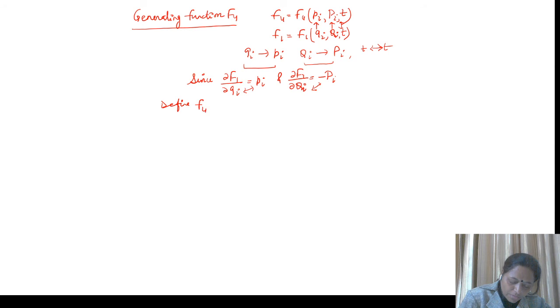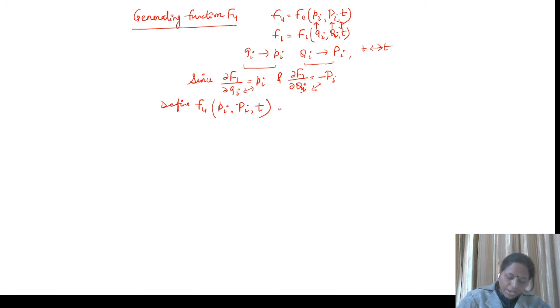Define a function, say F4, and now it depends on capital P_i instead of q_i. Capital Q_i is to be replaced by capital P_i, so it is a function of P_i and time. Right?